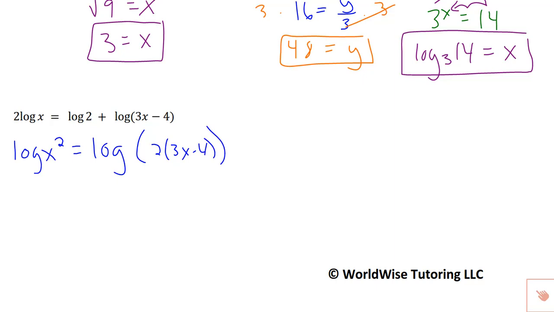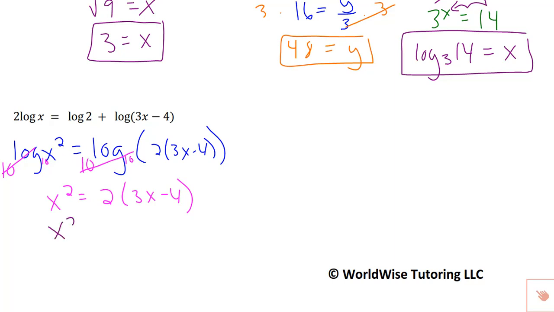Basically, if there is no log base written, these technically have a base of 10. If I raise these into the exponent of the 10, 10 and log base 10 simplify and everything else drops down. But that should make sense just by looking at it, kind of like a matching. If I have log x squared equals log 2 times 3x minus 4, it makes sense that the x squared can equal that 2 times 3x minus 4. So it's logical.